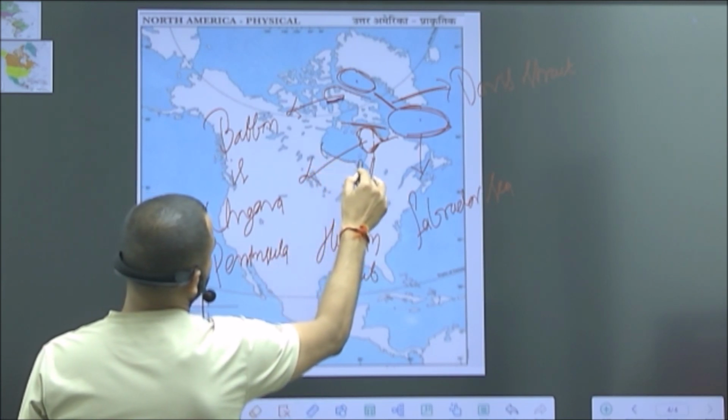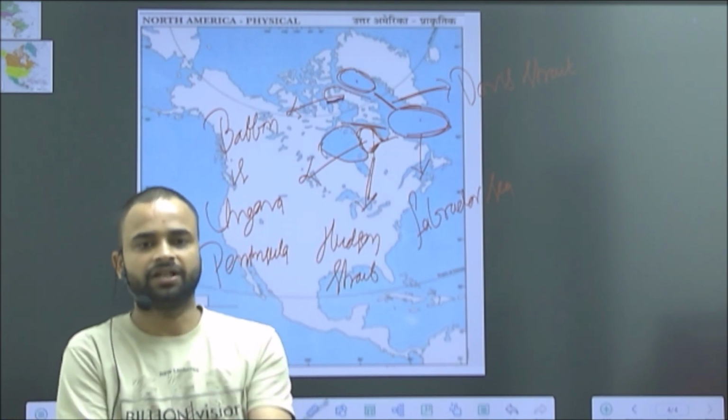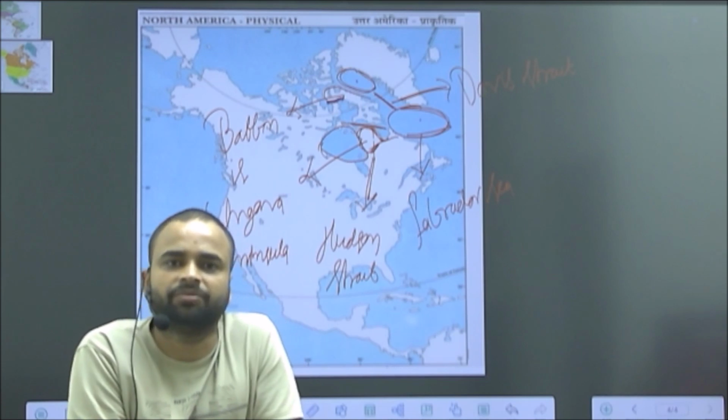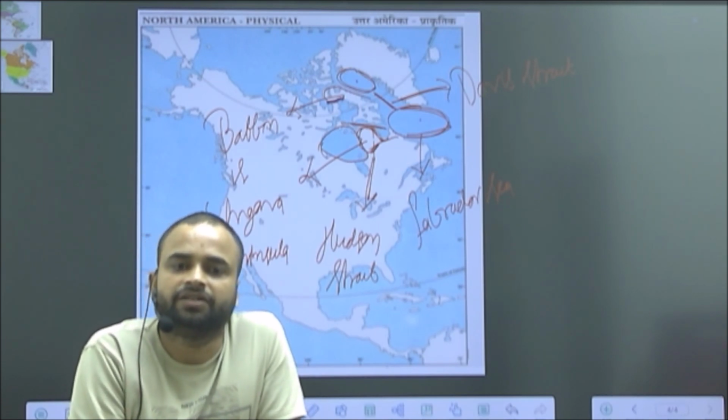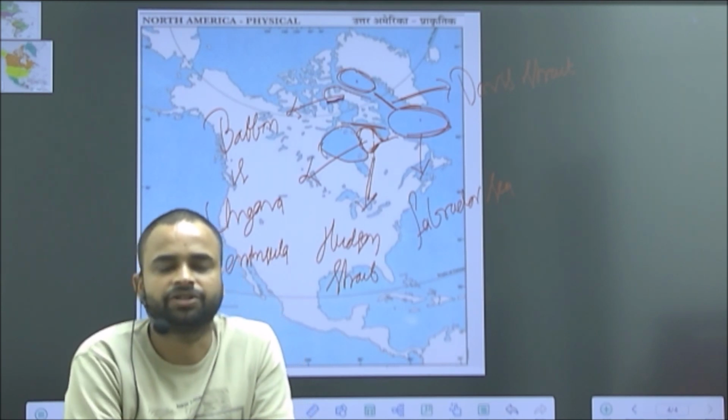It is Hudson Bay. So you can say Hudson Strait joins Labrador Sea to Hudson Bay, and it isolates Baffin Island from Ungava Peninsula.